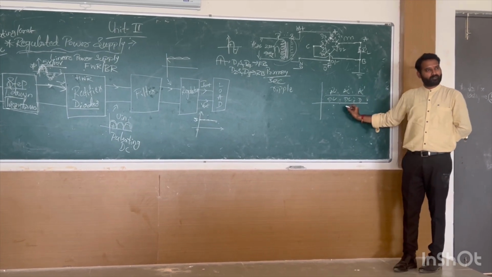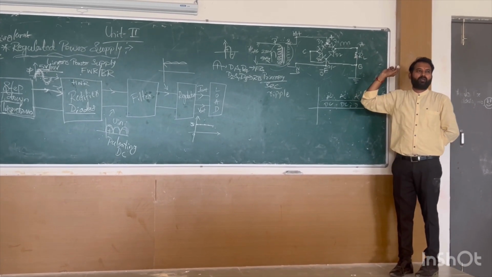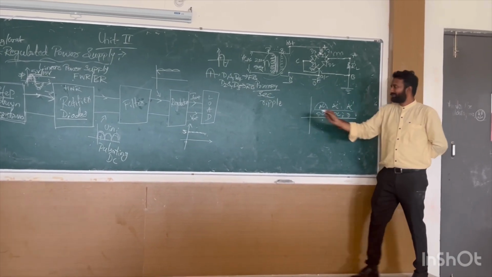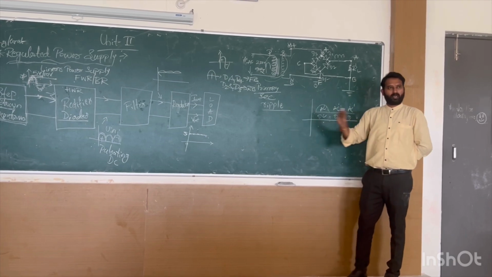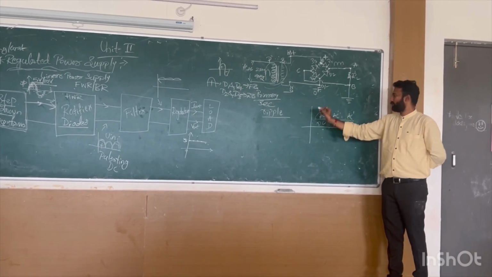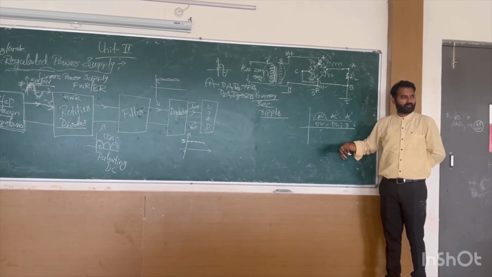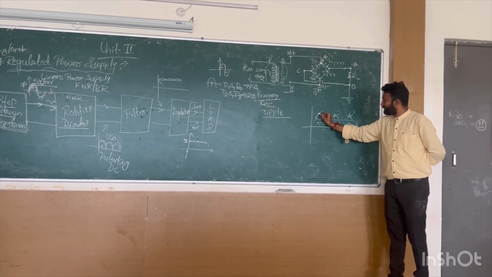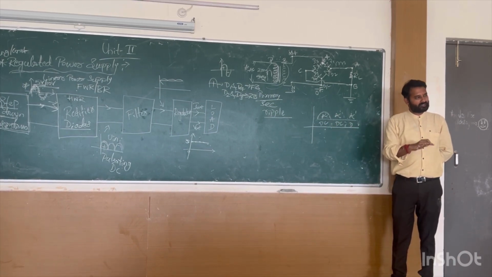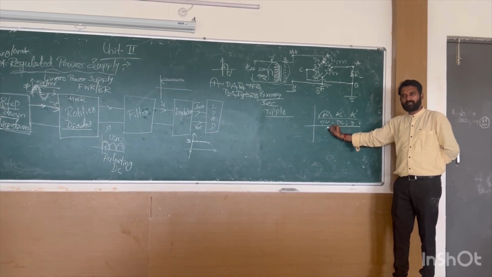It is not a pure DC waveform. It contains a high amount of AC. AC means ripple. You won't get a pure DC waveform; you will get a combination. This is nothing but high ripple, a summation of AC and DC.